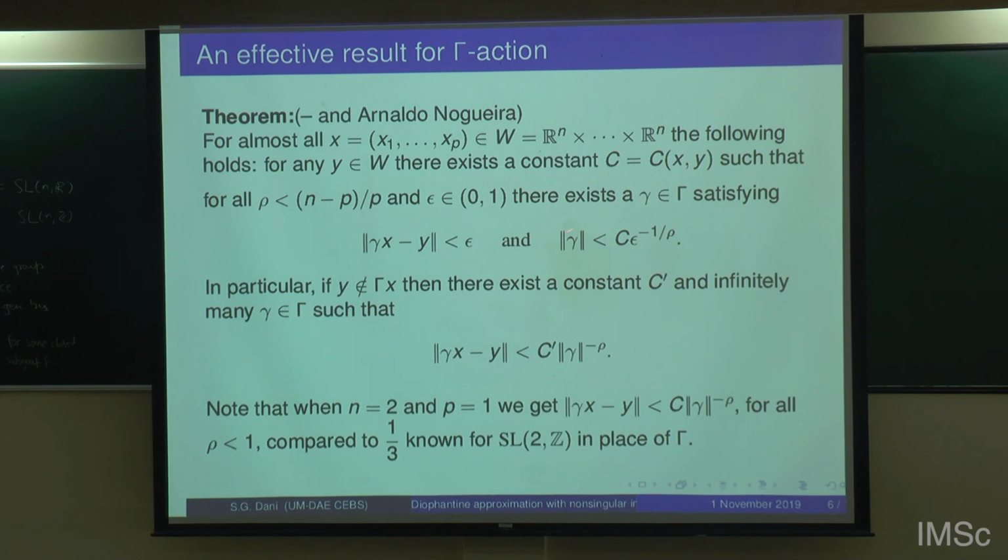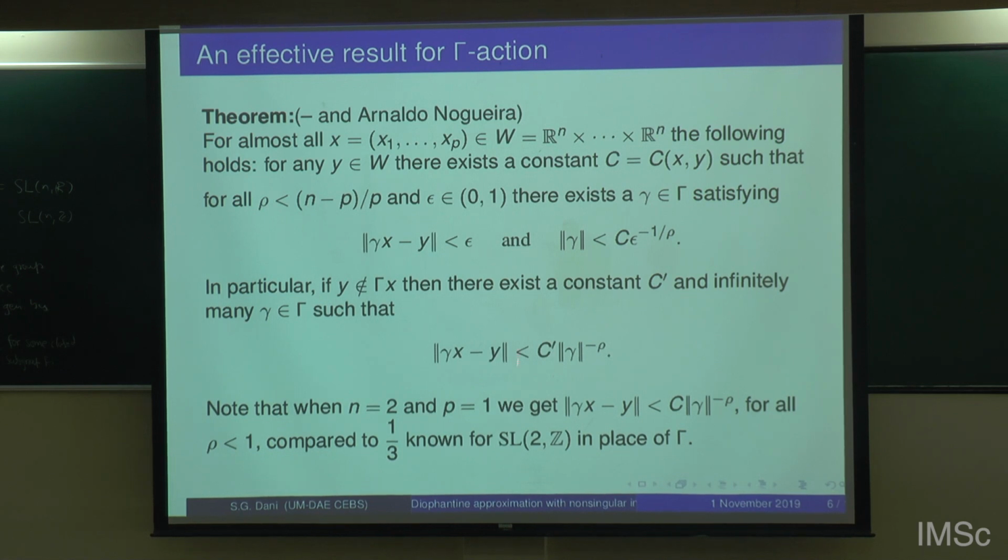Okay, there is another interpretation I have put in, which is comparable to how the theorem of Laurent and Nogueira was formulated. In particular, if I take y which is not in the orbit of x, so this is a countable set that I want to exclude, then there exists a constant c prime and infinitely many gamma such that the norm of gamma x minus y is at most a constant times norm of gamma raised to minus rho.